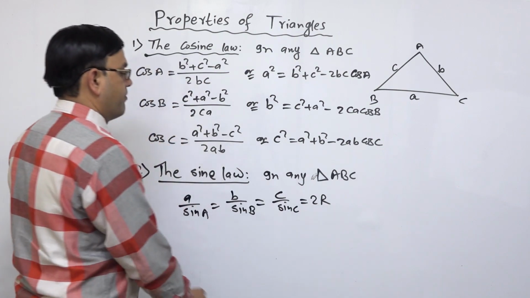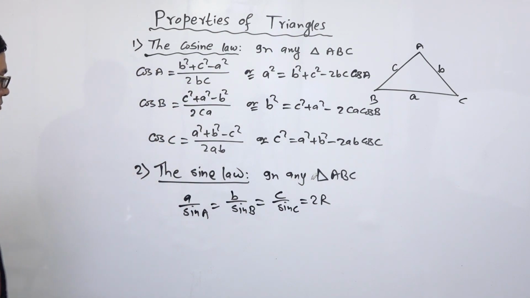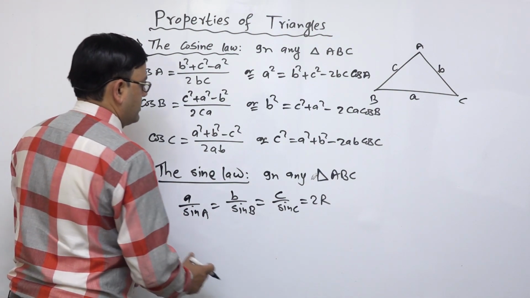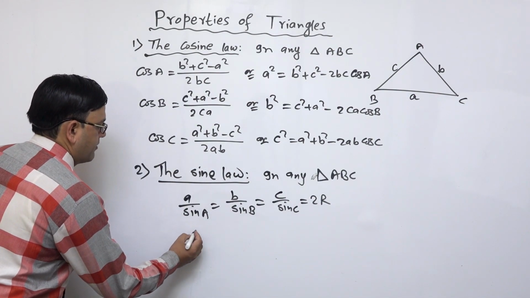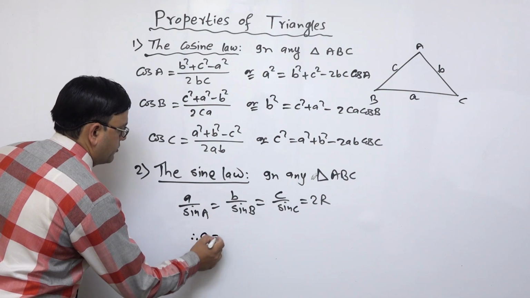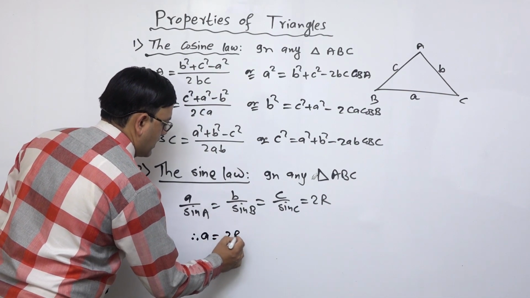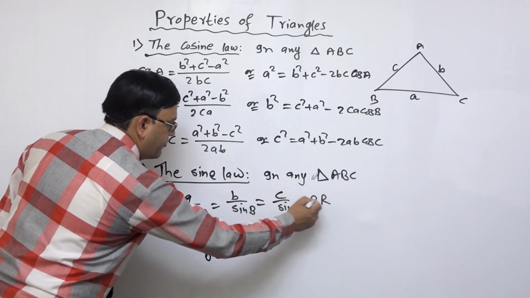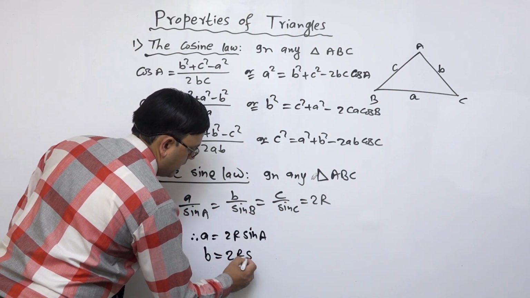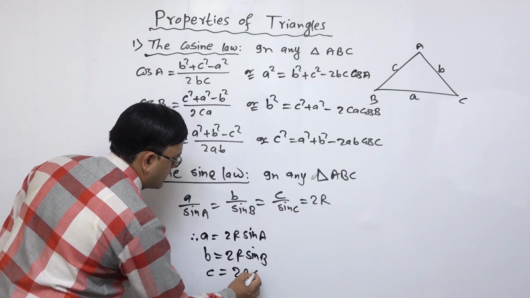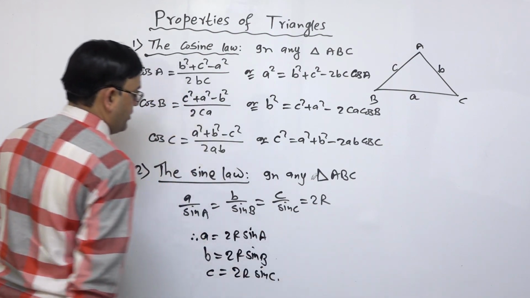R is the radius of the circumcircle of the triangle. So we can make another formula also. Therefore, a is equal to 2R sine A. Similarly, b is equal to 2R sine B, and c is equal to 2R sine C.